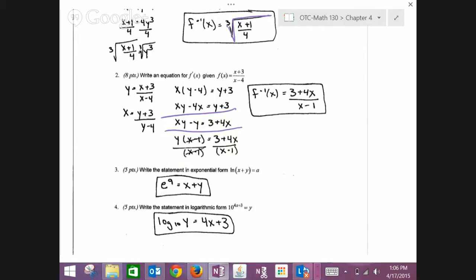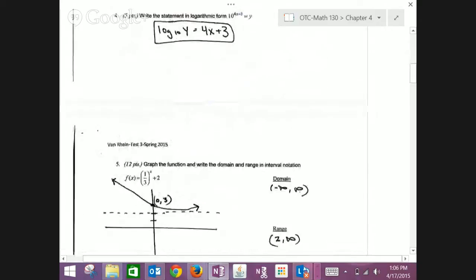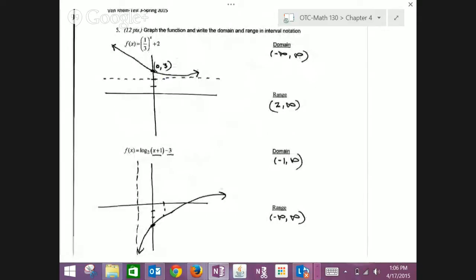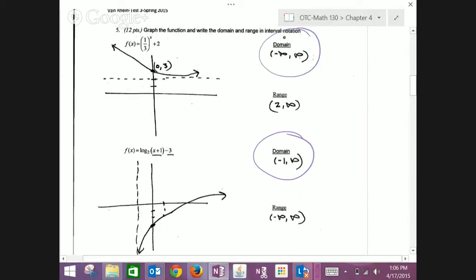Numbers 3 and 4, not a lot of partial credit there. Should have been pretty straightforward. Number 5, graphing went fine for the most part. Some of you, on the domain and range, did some crazy things.